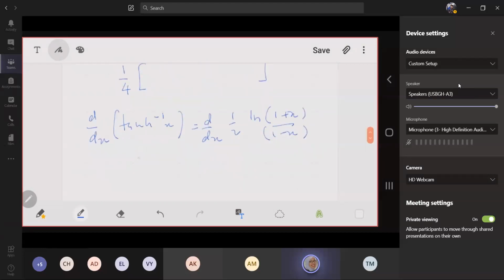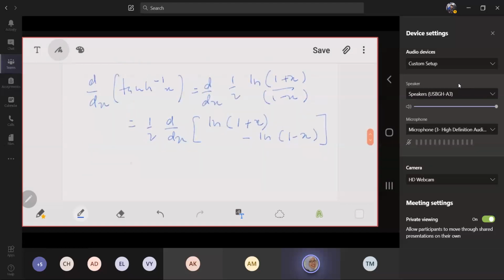So you get 1 on 2, and then differentiate. You get 1 on 2 d by dx of ln(1 plus x) minus ln(1 minus x).